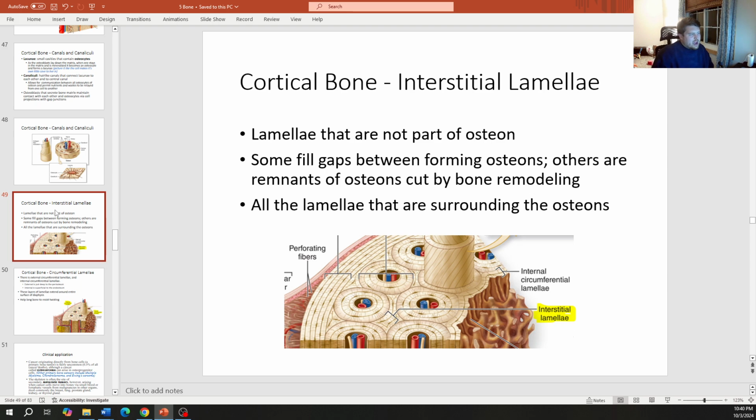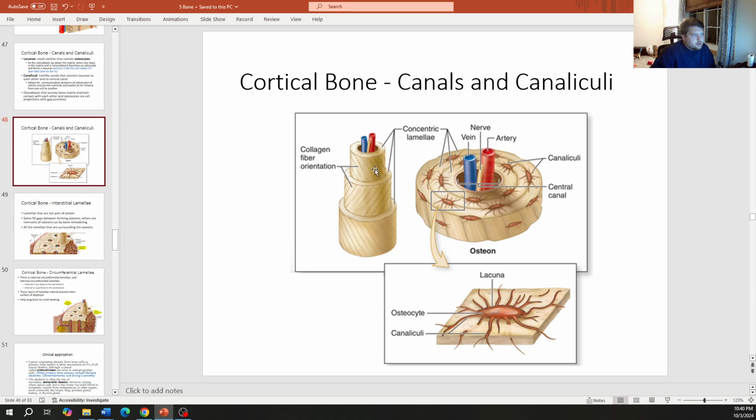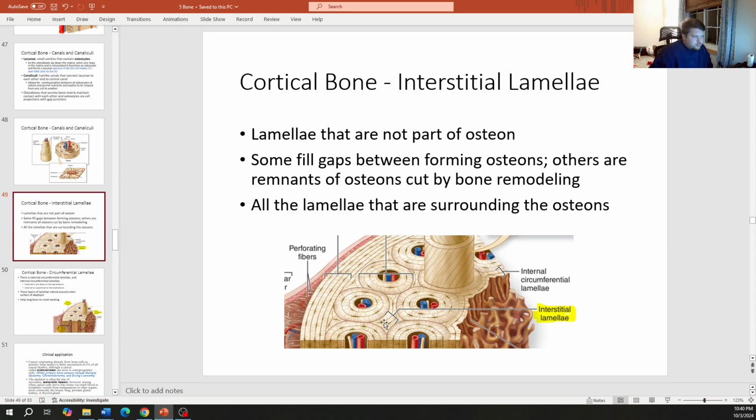Now, we have the osteons, but what about everything that's around them, right? Because circles don't fit together perfectly. So we have interstitial as well as circumferential lamellae. The interstitial lamellae are all of the layers of bone that are in between all of the osteons.